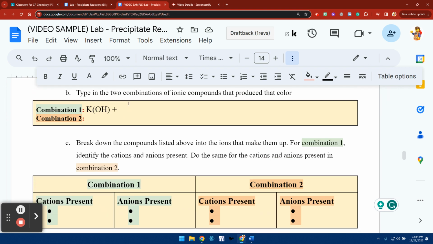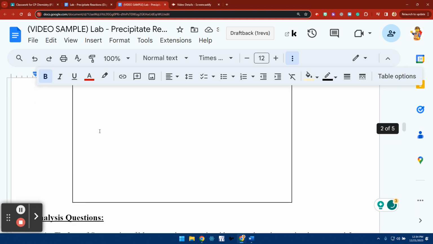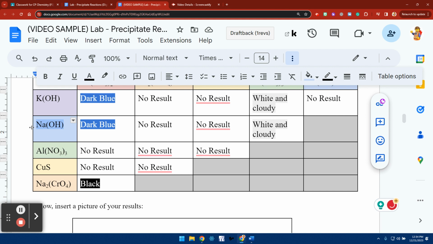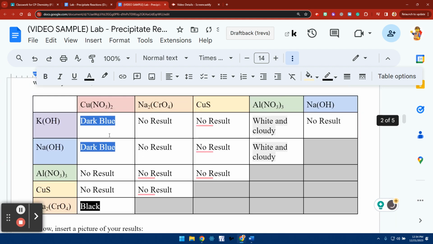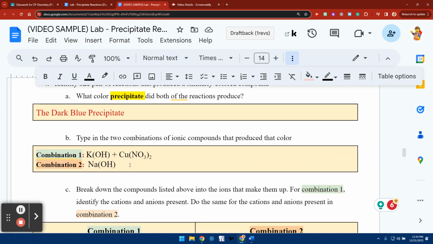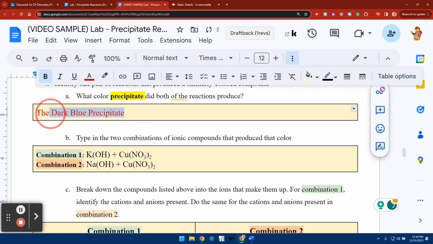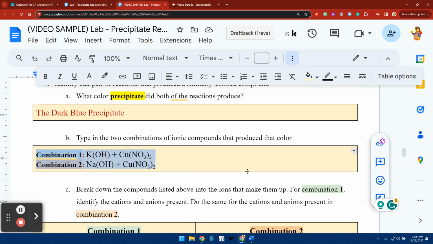That was one combination that produced the dark blue precipitate. The other combination was NaOH, sodium hydroxide, and once again, copper 2 nitrate. So those are the 2 combinations that produced a dark blue precipitate. So I start by identifying the 2 combinations that produced the dark blue. All right, so there we go. I'm doing the dark blue precipitate, and these were the 2 combinations that produced the dark blue precipitate.